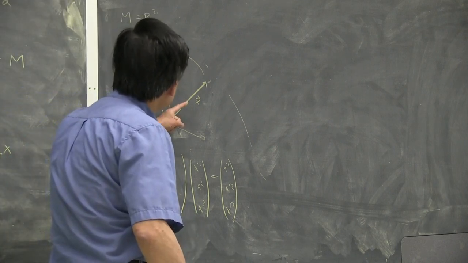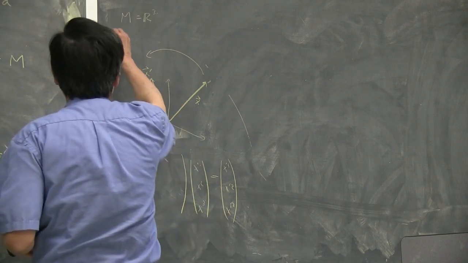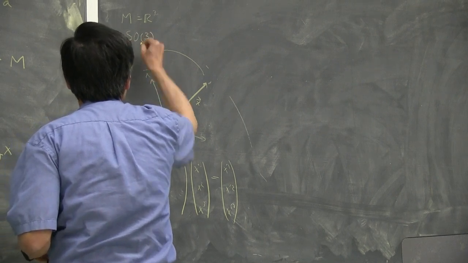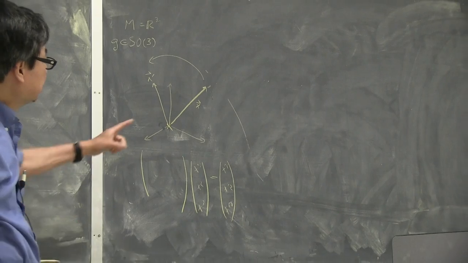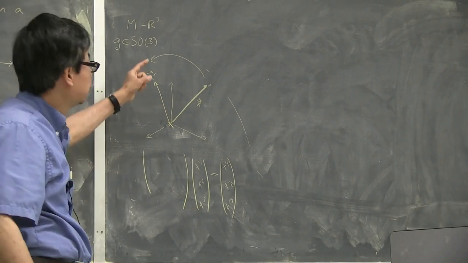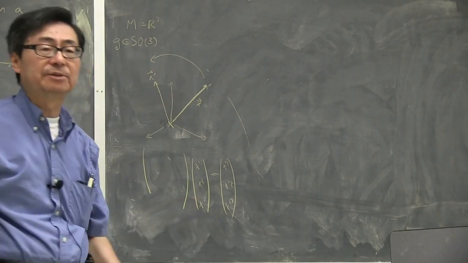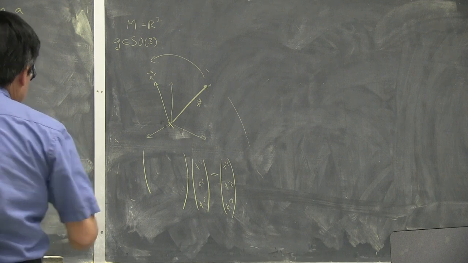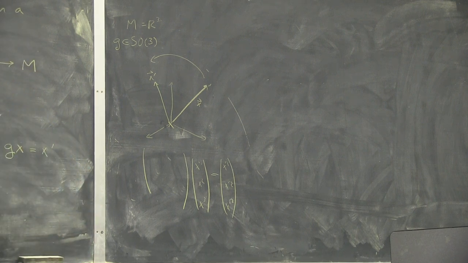and each object G in SO3 can then be thought of as a rotating action, okay, which rotates some vector in R3 to another vector in R3. So we write, for example, that Gx produces another vector that is x prime, okay?